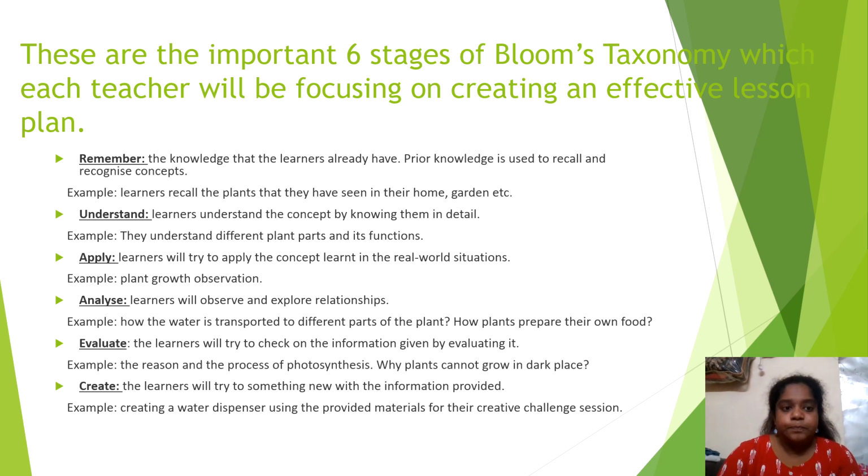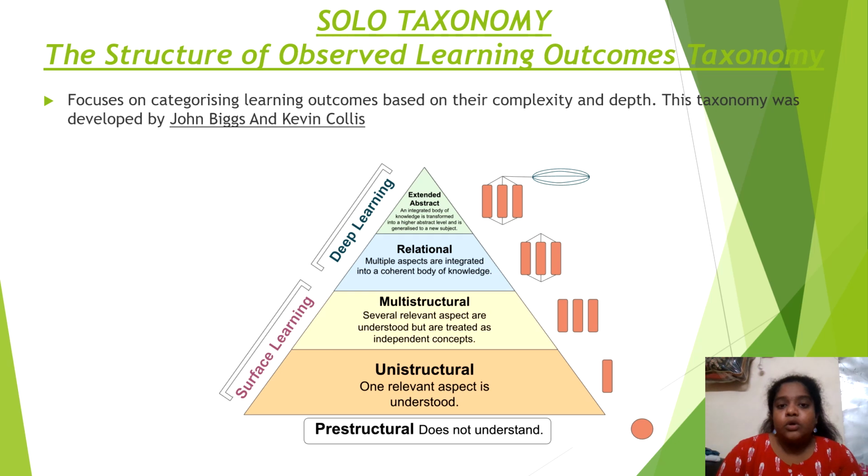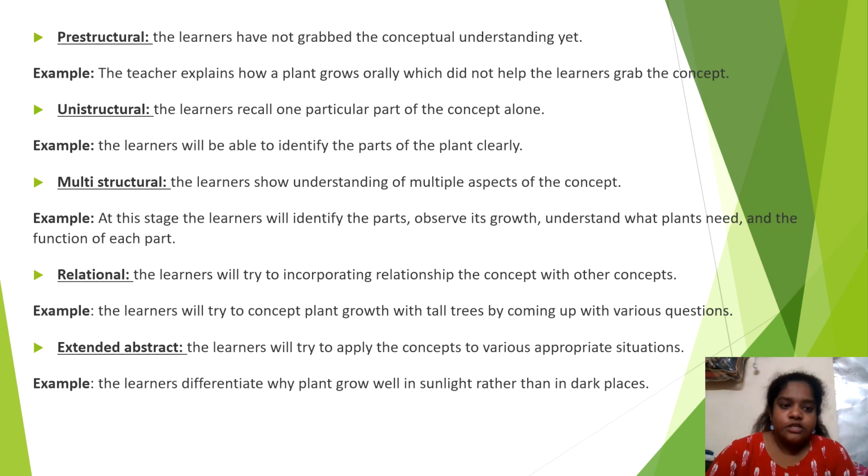learned knowledge. This is the SOLO taxonomy, the Structure of Observed Learning Outcomes taxonomy, which was developed by John Biggs and Kevin Collis: pre-structural, unistructural, multistructural, relational, and extended abstract. In pre-structural, the learners will not have any understanding of the concept, not even a single part.